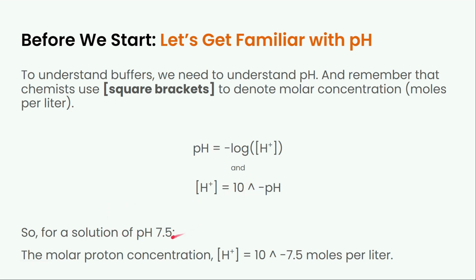So for a solution of pH 7.5, the molar concentration is 10 to the power of minus 7.5. If the pH was 2, then the molar proton concentration would be 10 to the power of minus 2. If the pH was 9, then the molar proton concentration would be 10 to the power of minus 9, or 1 nanomolar, I think that is.